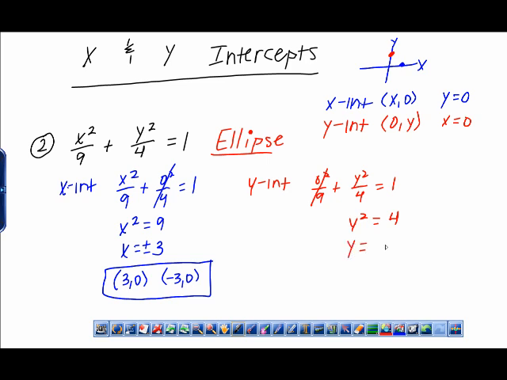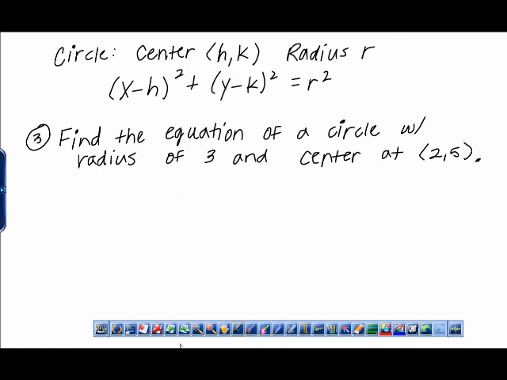So then if I square rooted both sides, I would get plus minus 2. And one of my y-intercepts is 0, 2, and the other is 0, negative 2. Just based off this alone, you could come up with a pretty good graph. Then you could go into center and all that. And we'll review conics kind of as they come up. We're not going to do all of everything with conics right now.